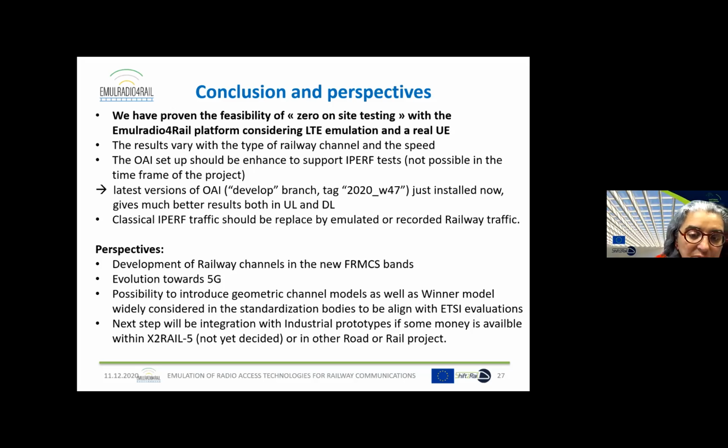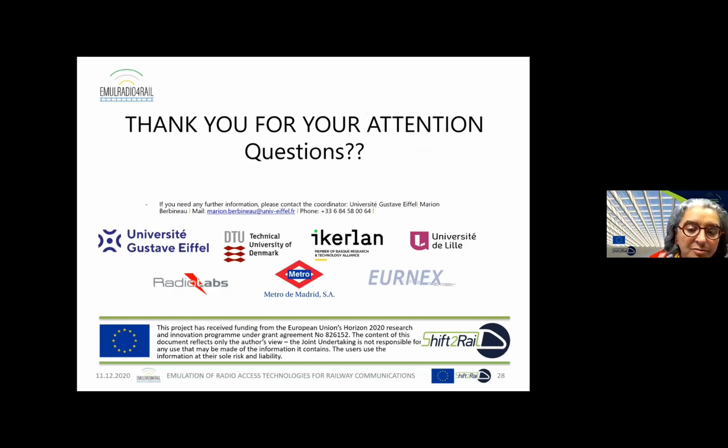Then Laurent will present what we obtained with long tests, and this was the second output of the project, to be able to have emulation at IP level, thanks to the experimental assessment I have presented. Just the slide before for the perspective.